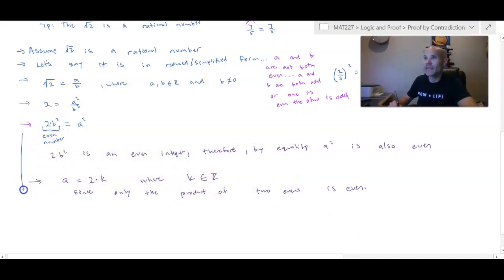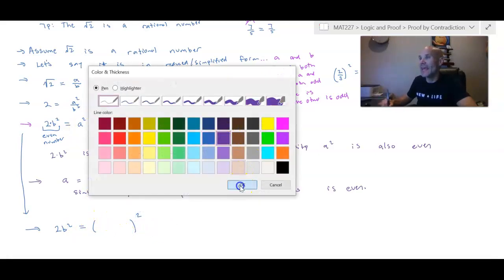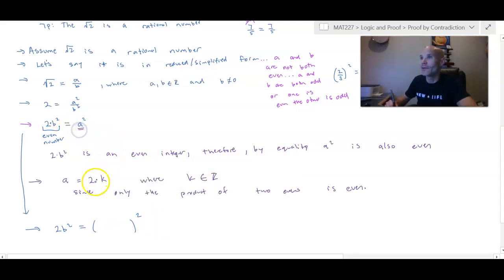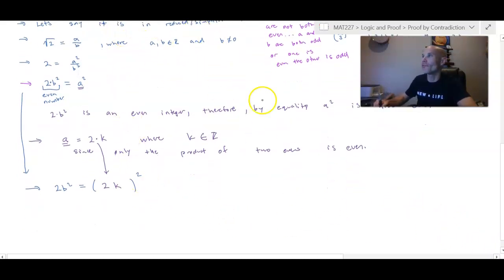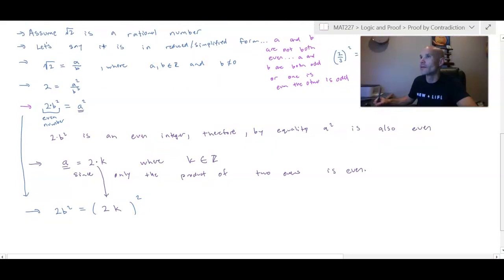So that means, let me take this line here now, this implies that 2b squared is equal to, by substitution of what a is, okay, we just said that a itself has to be an even number, here's a, so I can actually put that in the parentheses here and say it's equal to 2k squared. All right. Now, remember all the things that we have recorded so far.